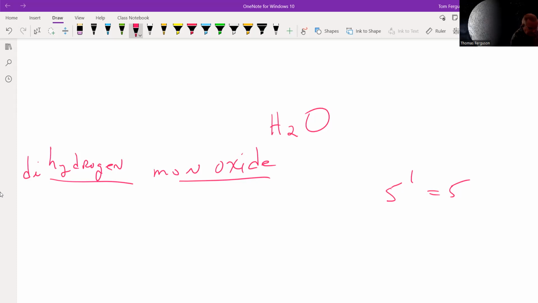So notice here with the water, I put in the mono. If it's on the second one, on the ide side, it's required. On the left one, it's optional. So if we had PO, let's name that.